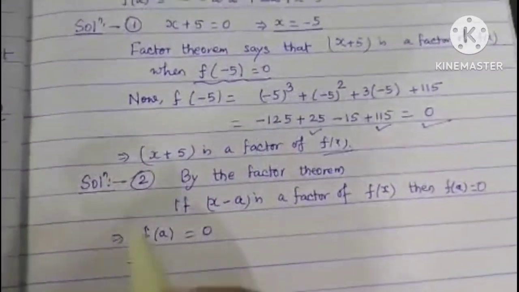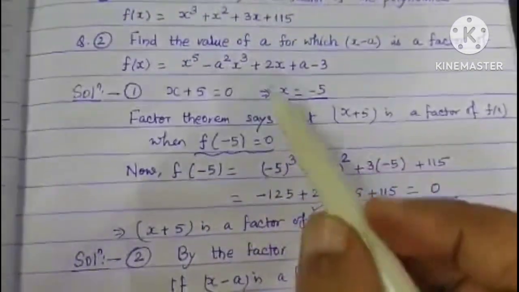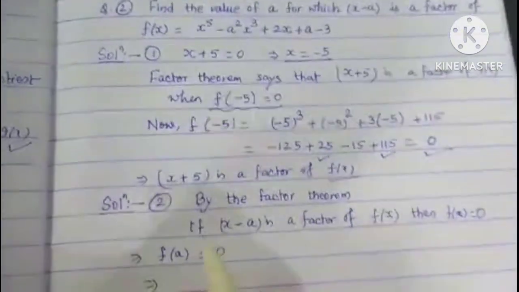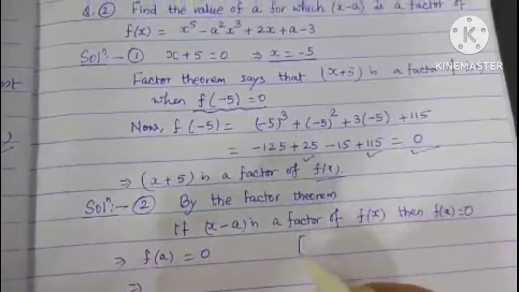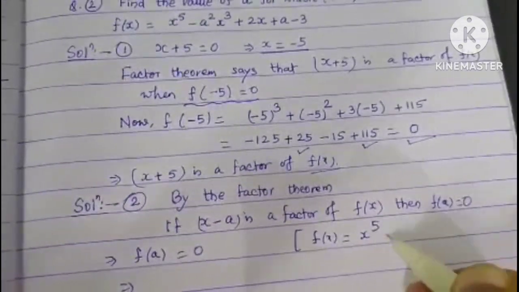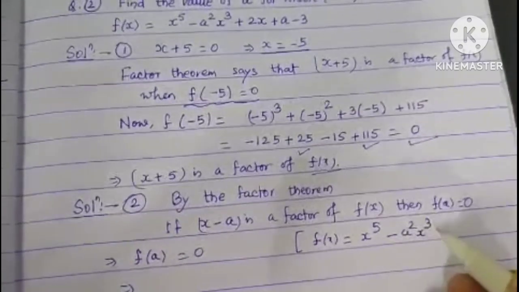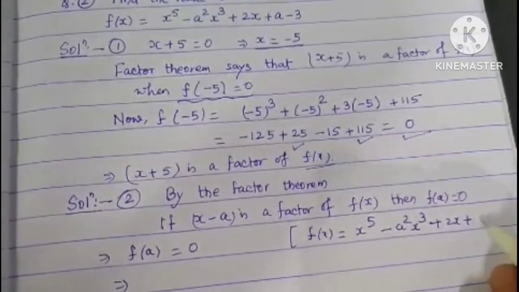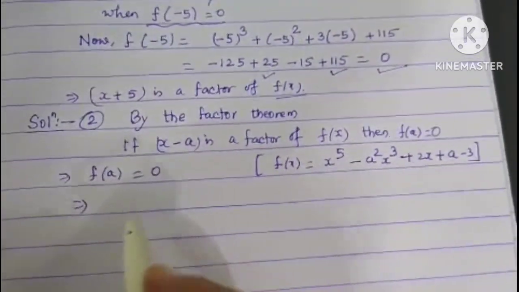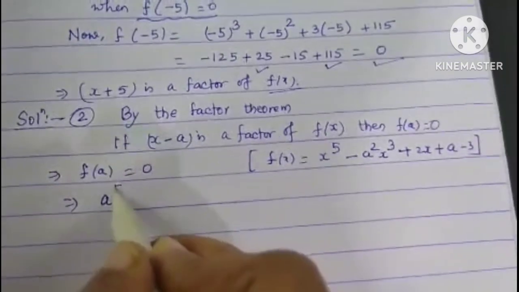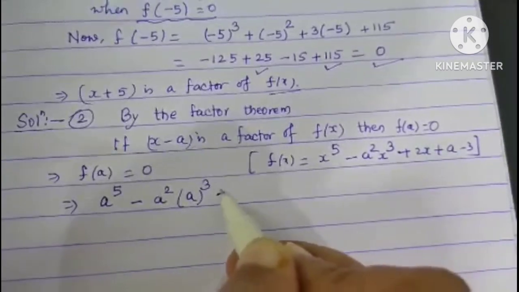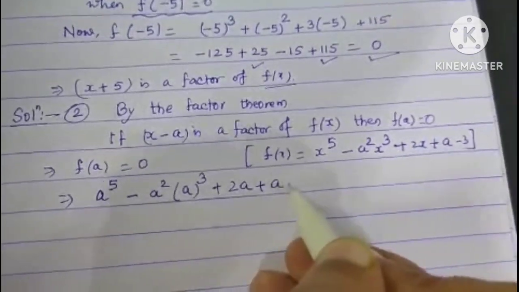Now we will put this a in this f of x. Let us write here what was our f of x. f of x was x to the power 5 minus a square x cube plus 2x plus a minus 3. Now this f of a we have to equalize to 0. Now we will put a to the power 5 minus a square into a cube plus 2a plus a minus 3.